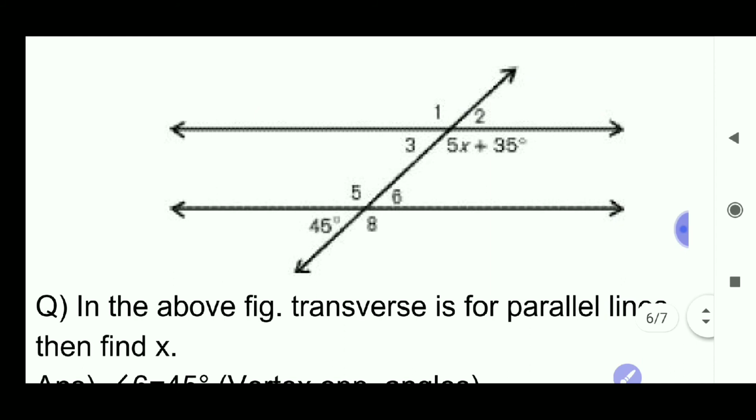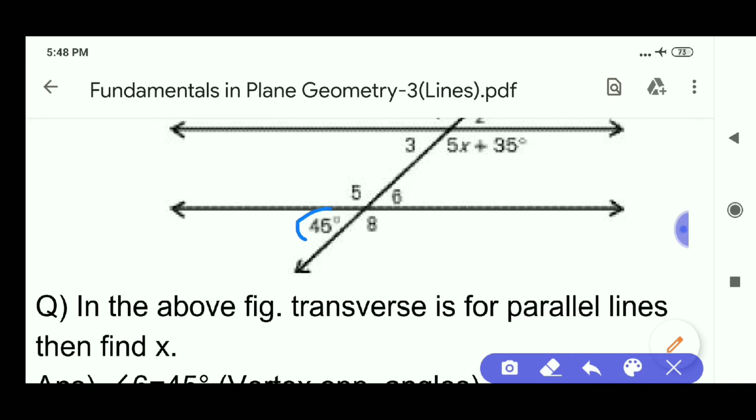Now question. In the above figure, the transversal cuts parallel lines, then find x. Observe the figure carefully. It is 45 degrees. So its vertically opposite angle 6 is also 45. Now look here, 5x plus 35 and 45 are interior angles on the same side of the transversal.